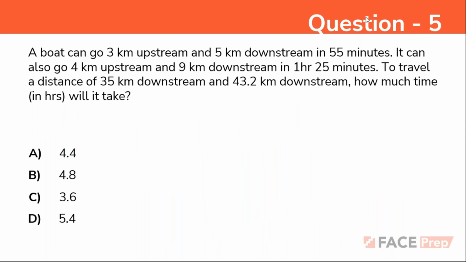Here is the next one. A boat can go 3 km upstream and 5 km downstream in 55 minutes. It can also go 4 km upstream and 9 km downstream in 1 hour 25 minutes. Now my question is, in order to travel a distance of 35 km upstream and 43.2 km downstream, how much time will it take?